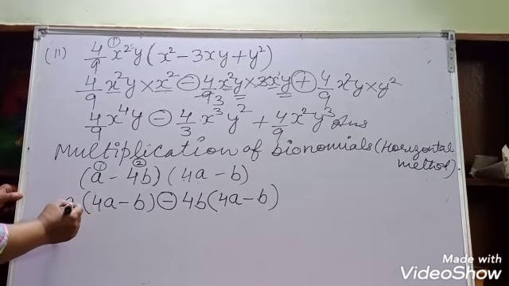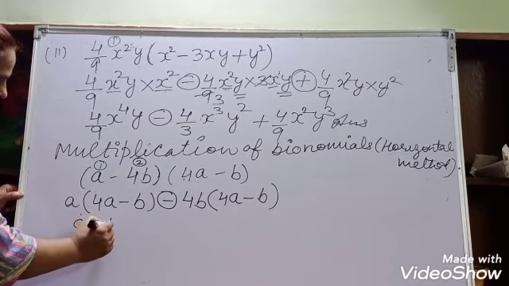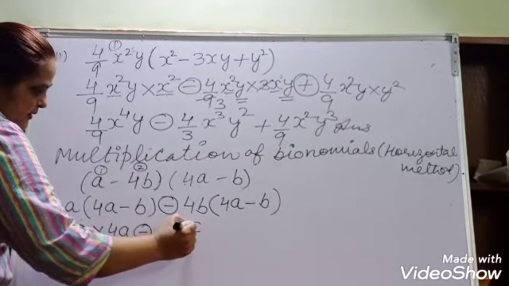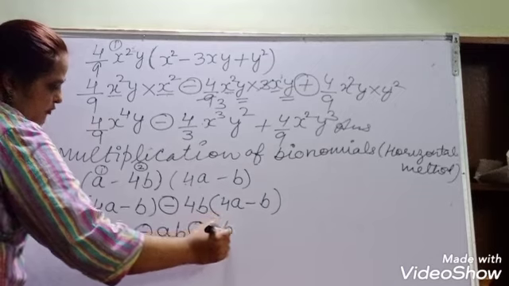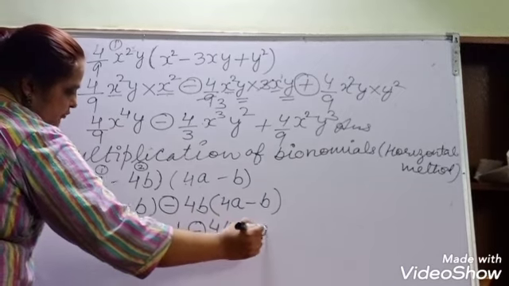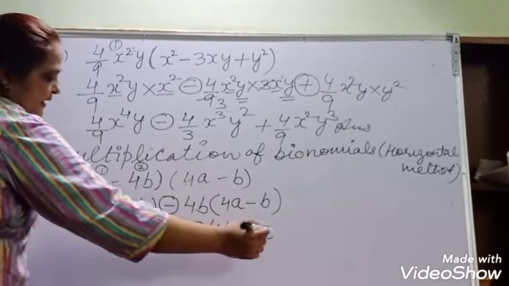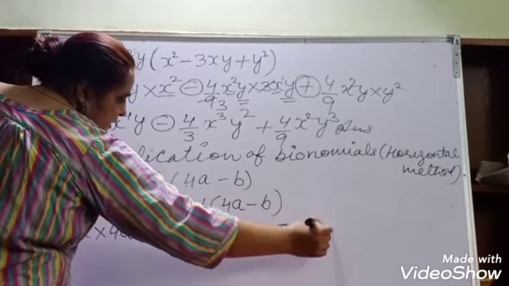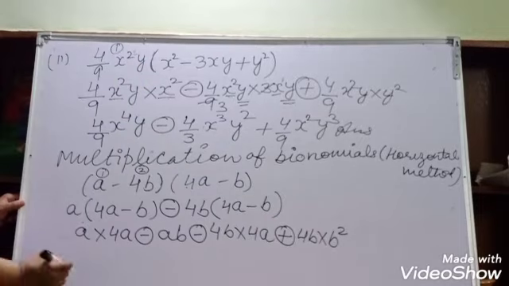Now it will become a into 4a minus ab minus 4b into 4a minus minus plus 4b into b square.